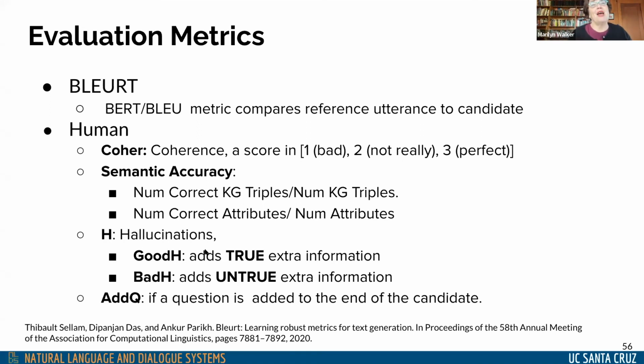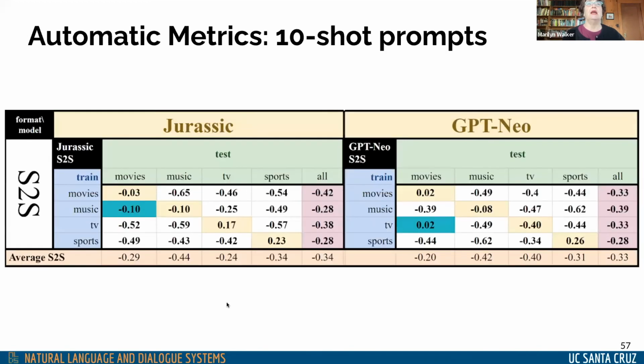If she is a rapper, we would say it's a good hallucination because it happened to be true extra information. If she's not a rapper, we would label this as a bad hallucination. And then we kept track of whether or not a question was added to the end of the candidate, because as I said, these particular meaning representations don't have dialogue act control. So we're interested in seeing how much it happened that a question was added.